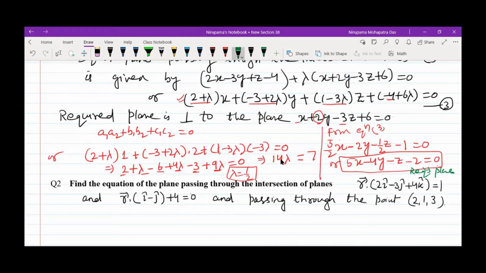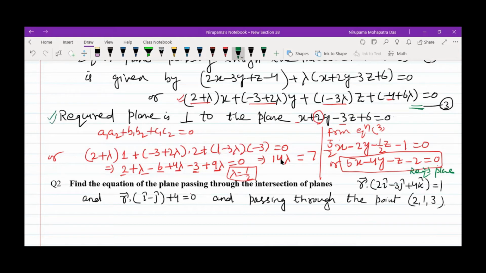If it is not given that way, bring all the terms to one side. Then you apply P1 plus lambda P2 equal to 0, and you get the third equation. After this, you go to the condition given in the question to get the required plane.